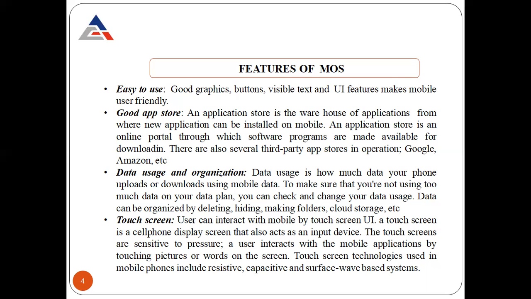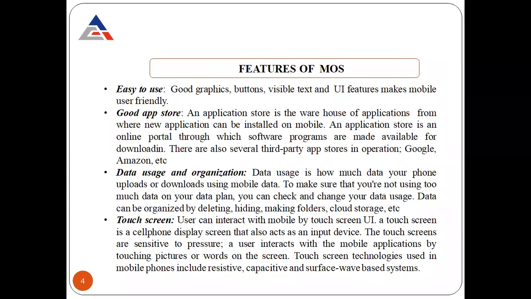An application store is a warehouse of applications from where new applications can be installed on a mobile. Every mobile has an application store, either Android or iOS, through which you can download new applications as per your requirement.